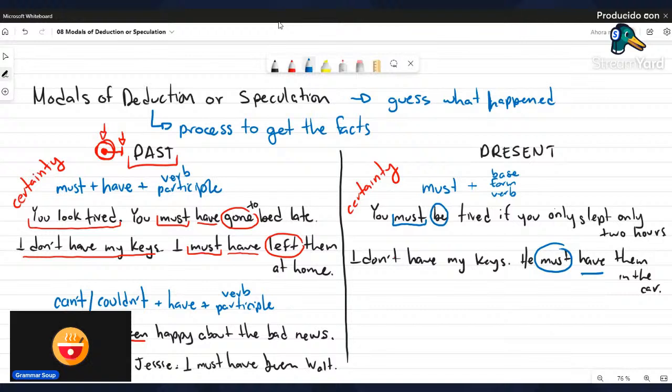And when we say something is not true, right? When we say, for example, in the present, when I say can't, remember that if we want to say something is impossible, I can say can't or couldn't. That's the way I can structure it, right? So we say couldn't plus the base form, the verb in the base form, or infinitive, bare infinitive. Let me give you this example. My bank account can't be empty.